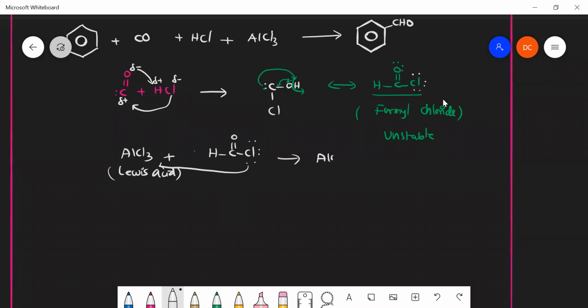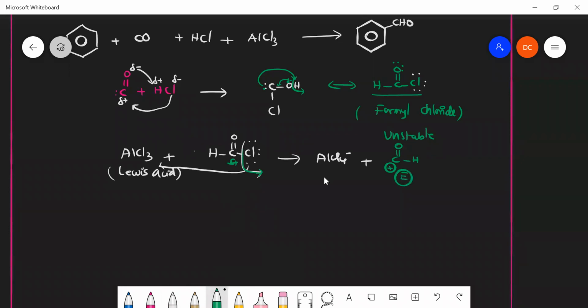That is going to become AlCl4 minus. When the chlorine is lost from here, it leaves as Cl minus, because chlorine is more electronegative than carbon and takes the electron along with it. So it leaves a positive charge. I'll get C double bond OH with a positive charge. Am I right? This is my electrophile.